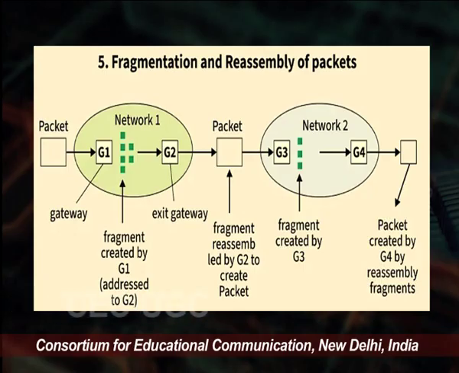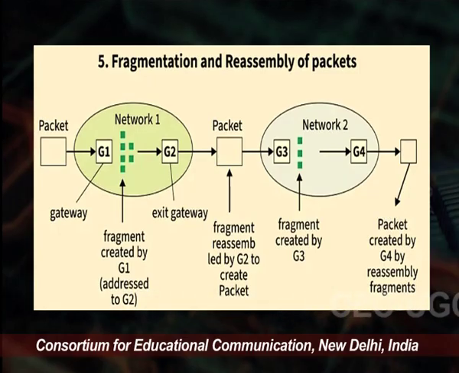So, G3 is going to fragment that packet into 3 pieces, which are addressed to G4, and G4 finally reassembles them, and the packet is created by G4 by reassembling those 3 segments. Network 1 has a smaller MTU, which is why there were more fragments, while network 2 has a higher MTU, and hence the number of fragments is a little lesser.